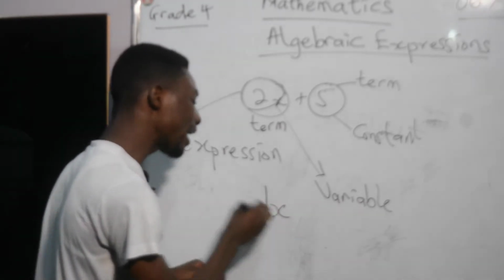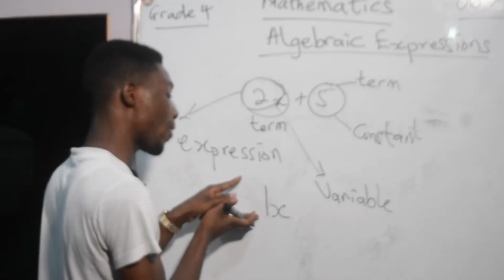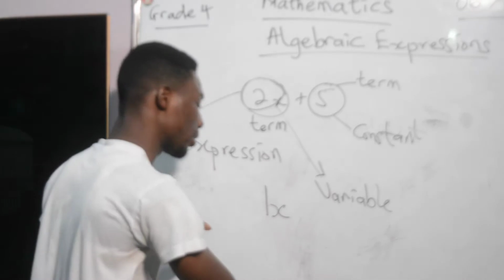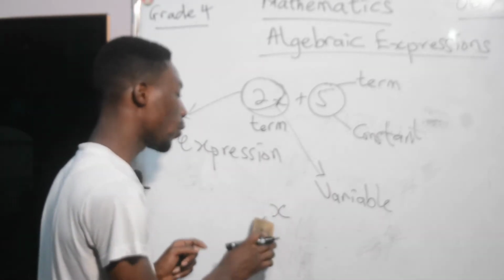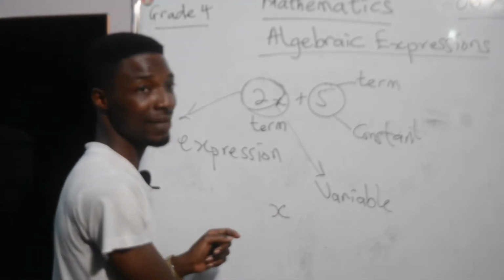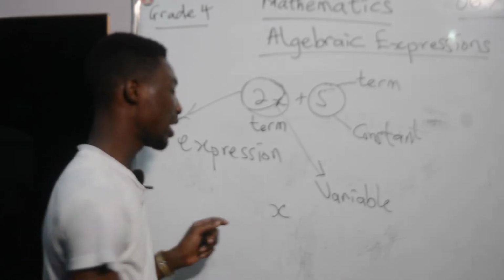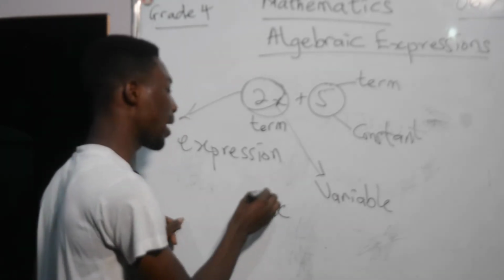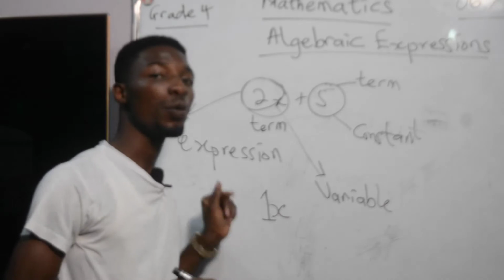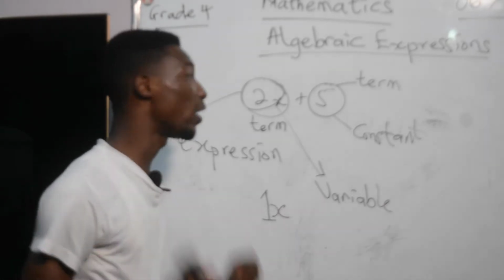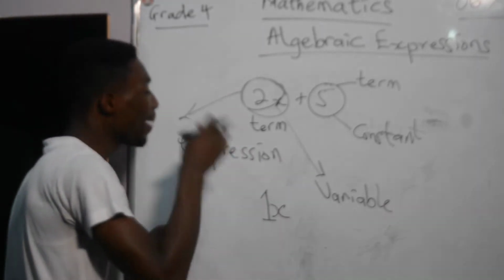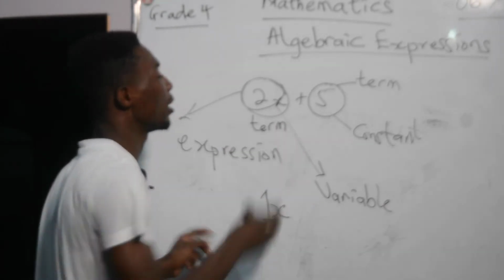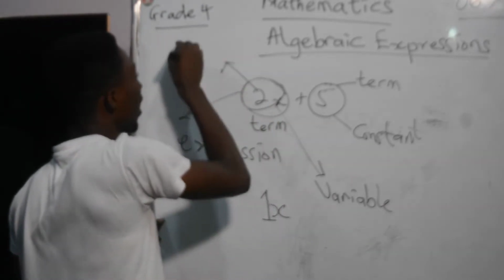I have 1x, but because it is 1, we omit the 1, and then we write only the x. The fact that you see x doesn't mean the x is alone, right? It is attached to the number 1. So it is actually 1x whenever you see x alone. And the number that is attached to the variable is called the coefficient.